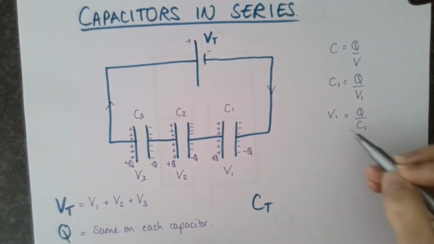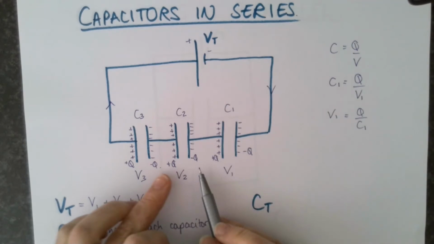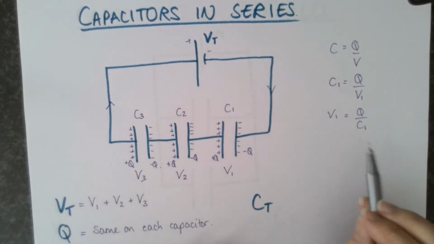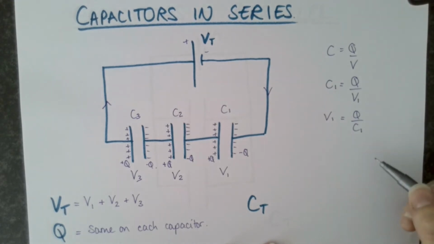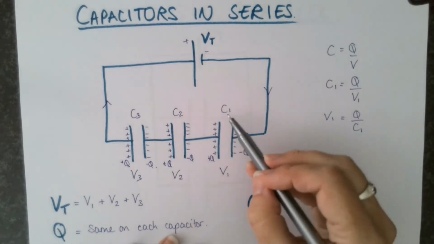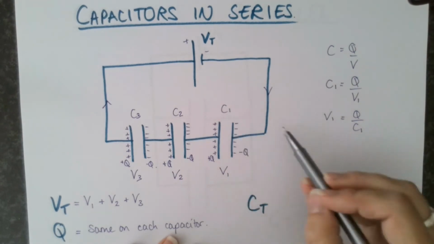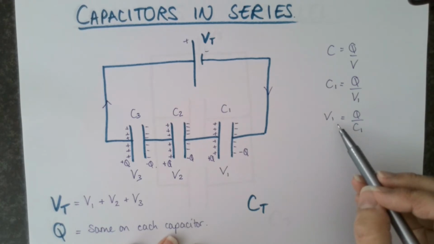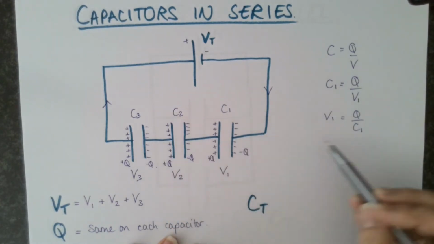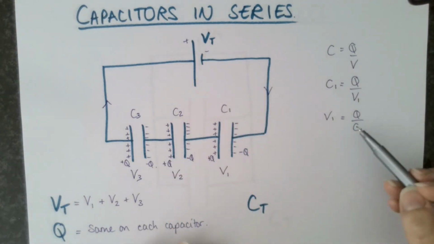We find that the voltage across each capacitor is shared in a way that is actually inversely proportional to the size of the capacitor. So if you had your biggest capacitor as C1, it would actually get the smallest share of the potential difference available from the supply EMF.